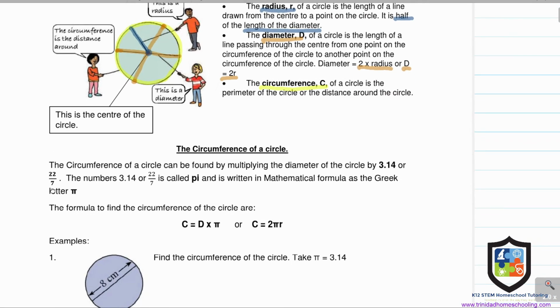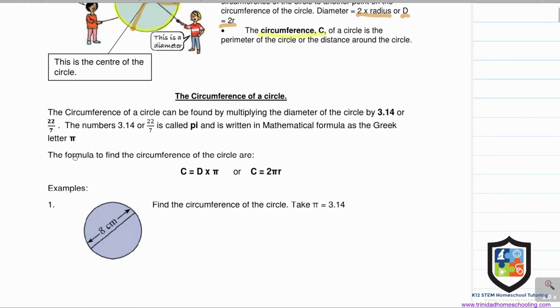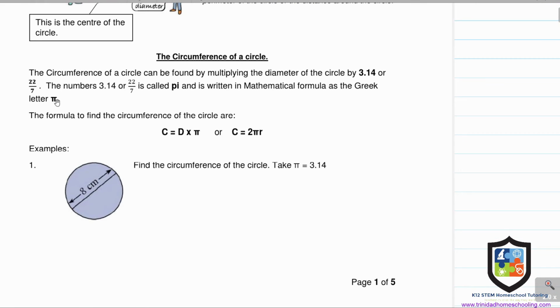Now let's see how we use these formulas to find the circumference, or the perimeter, of a circle. The circumference of a circle can be found by multiplying the diameter of the circle by this number, 3.14, or by this fraction, 22 divided by 7.